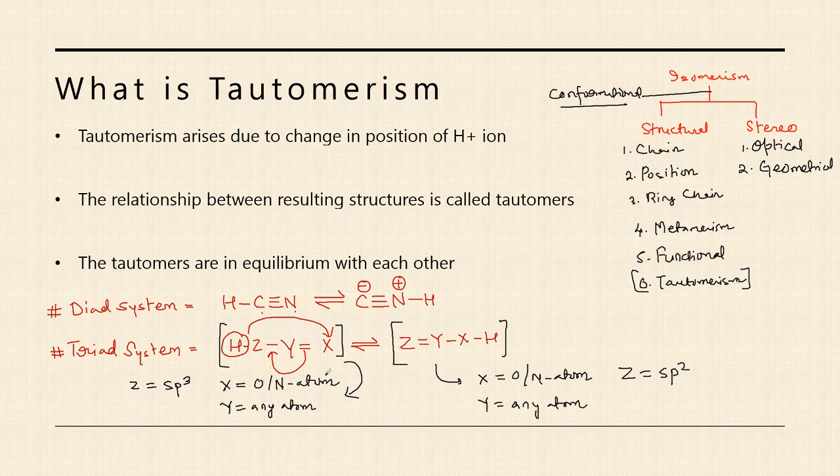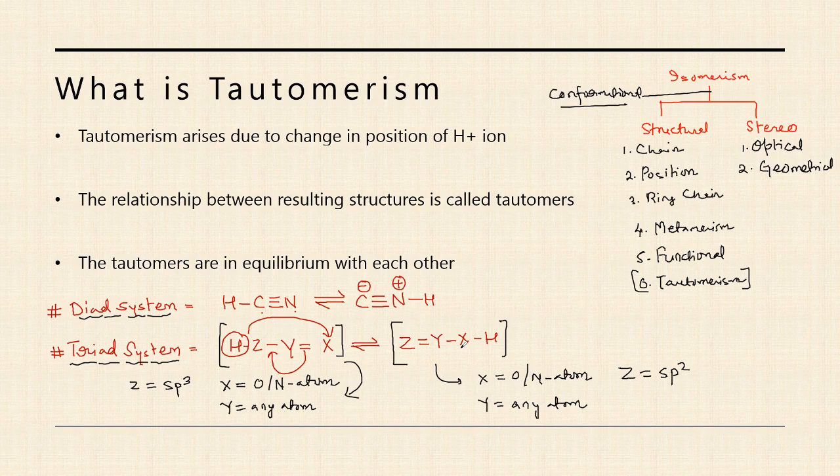So you have to be very vigilant about कि आपको कौन सा सिस्टम दिया गया है, and within a given system what is the form given. जैसे कि अगर आपके पास ये वाला फॉर्म है Z H Y double bond X, then you will be taking Z has to be sp3. In this form Z has to be sp2.